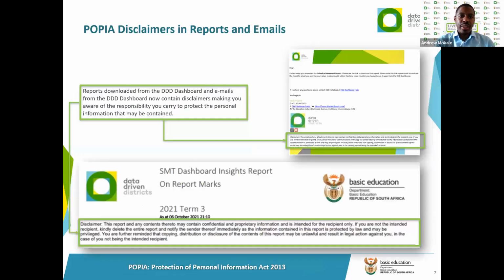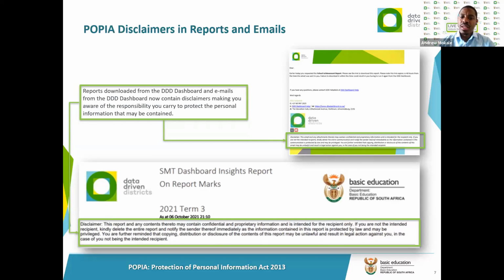And then as you proceed with using the dashboard with Release 3 on, you will see that when you download a report, either it be a scheduled report that comes into your mailbox with a link that you need to click on and then go onto the dashboard and download it, or if it's an immediate report that you get out of the dashboard, all reports that are downloaded from the DDD dashboard and the emails from the DDD dashboard now contain the disclaimers, making you aware of the responsibility that you carry to protect the personal information that may be contained within them.